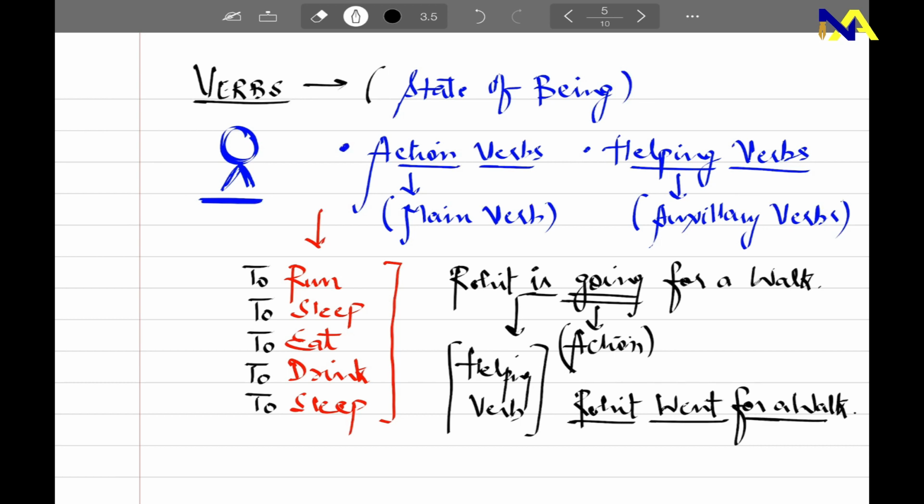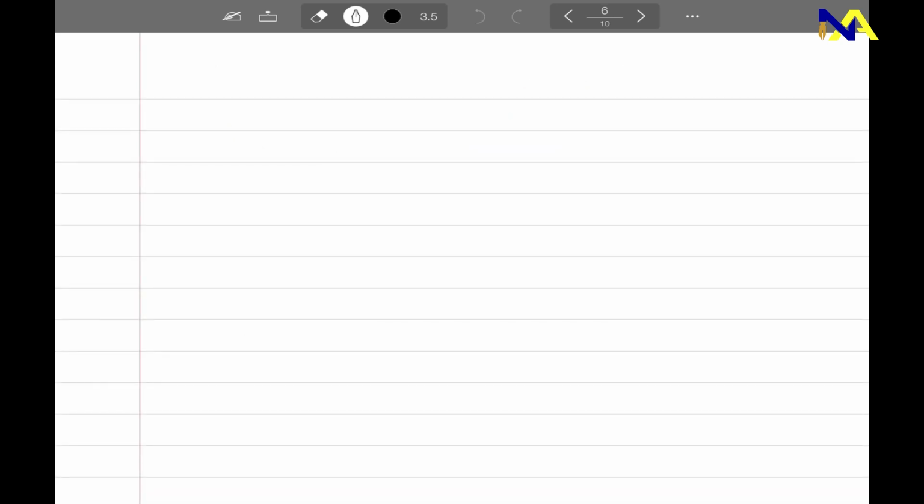No. So one thing we can conclude is that action verbs can be used in a sentence without the use of helping verbs, but helping verbs cannot be used on their own. There needs to be another main verb or action verb in order for helping verbs to be of any use.